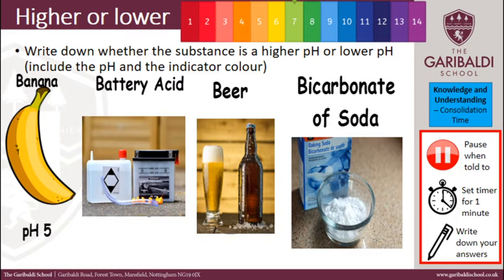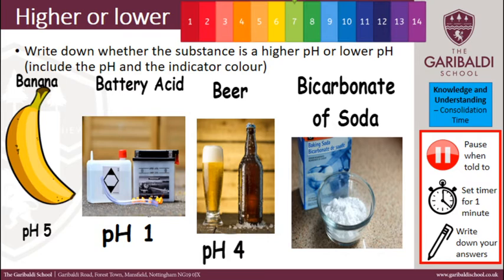Okay, so let's see how you did. So battery acid, higher or lower pH? So it is actually a lower pH. It is pH 1, which means it is the red indicator color. Beer, higher or lower than battery acid?